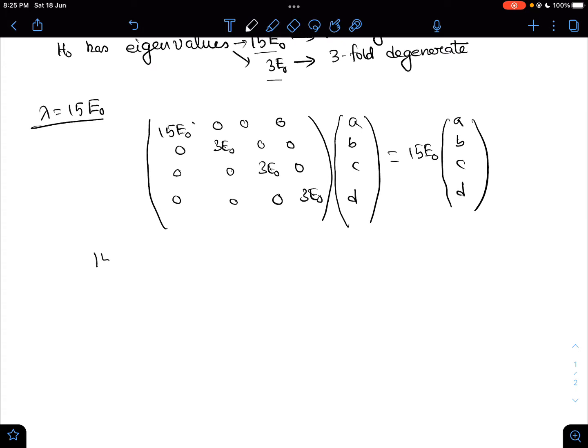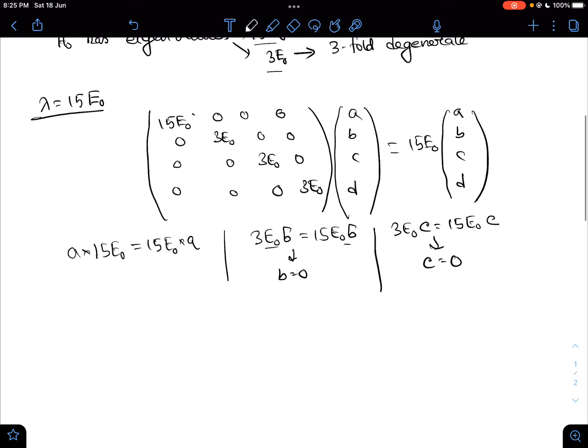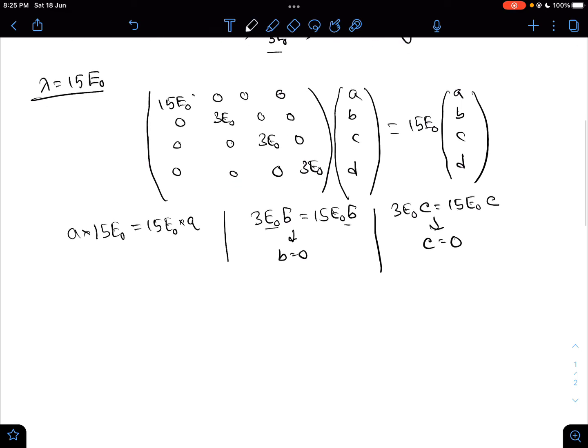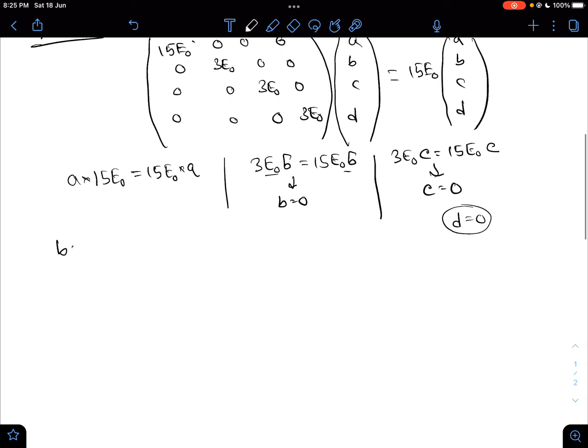We have 15 E0 A equal to 15 E0 A, and the other equation is 3 E0 B, which should be equal to 15 E0 B. This is only possible when B is 0. From the third row, this is only possible for C equal to 0, and similarly from the last row we conclude that D should be 0. So B, C, D are all 0, and A can be any value.